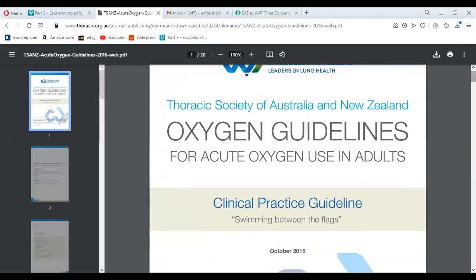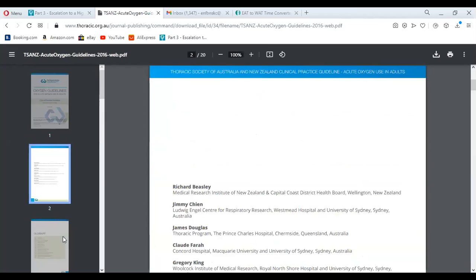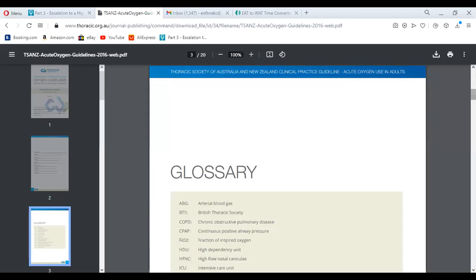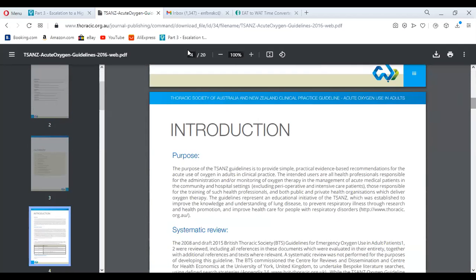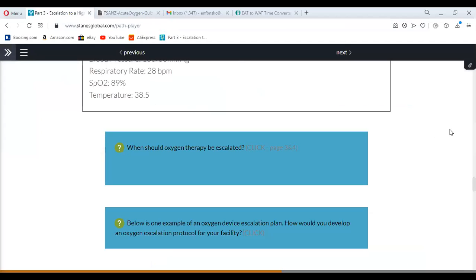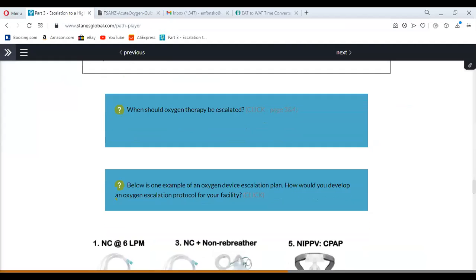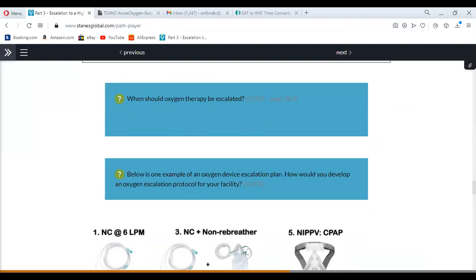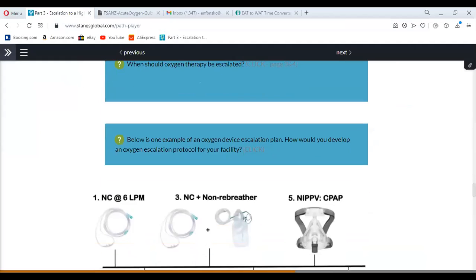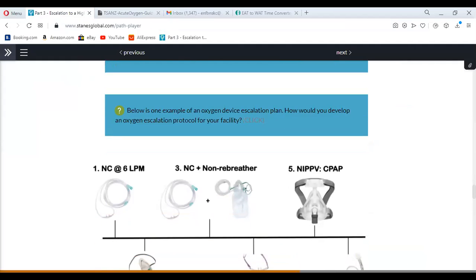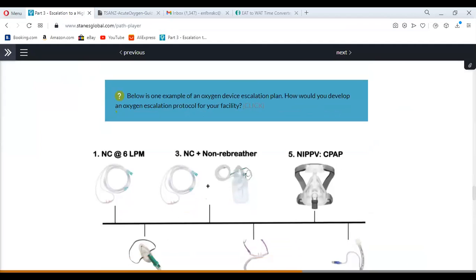It's from the Thoracic Society of Australia and New Zealand. So you will find all you need here to help you with that. So let's go back. Okay, so now below is one example of an oxygen device escalation plan. How would you develop an oxygen escalation protocol for your facility?